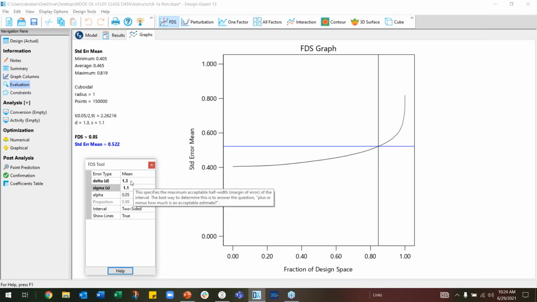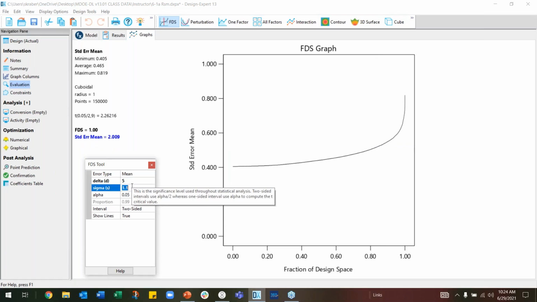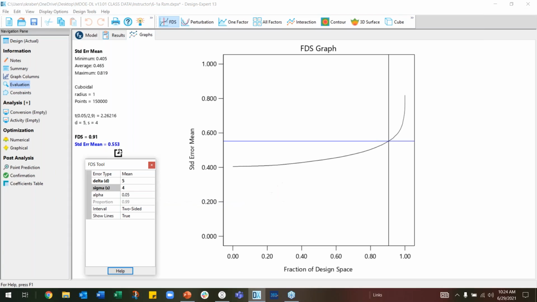Okay, if we wanted to check the power for conversion, we just put in the other numbers. So we could put in 5 and put in 4, and that fraction of design space is 91%. So 91% of the design region will be able to predict conversion to our desired precision.